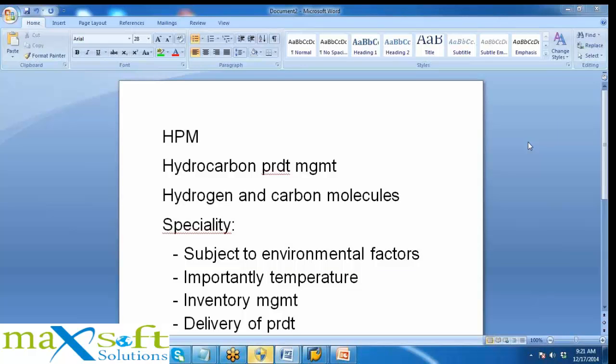There are people in the oil company, in the lab, in their terminal, in their plant, who take care of all these things. So our job is not that. Our job is to be aware of this fact, and how to handle that in SAP. That portion we will be discussing.